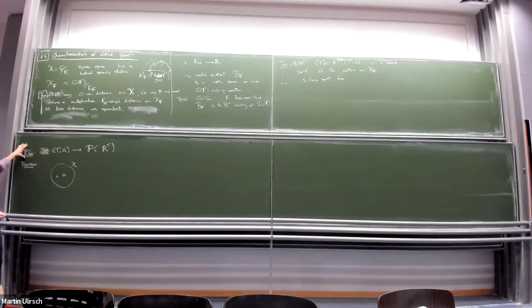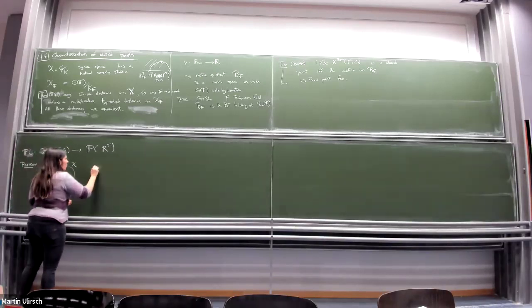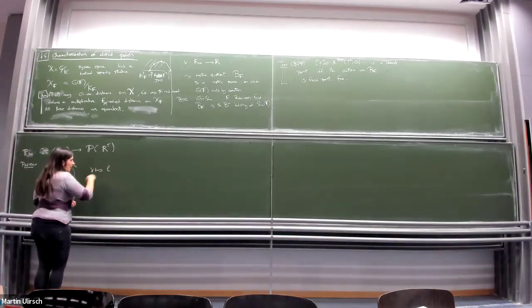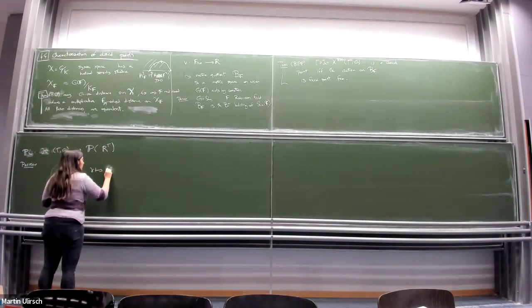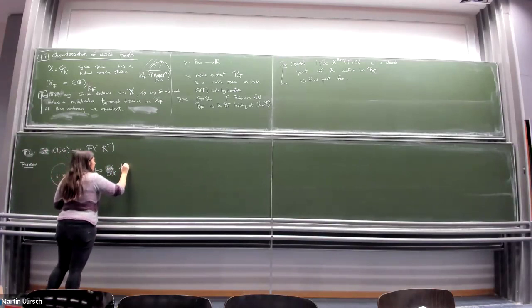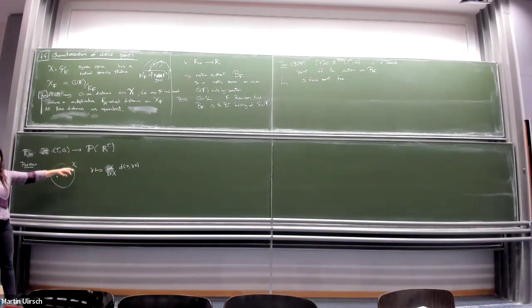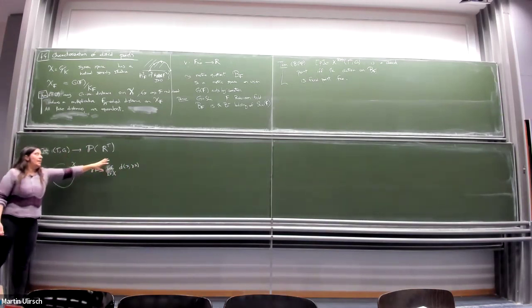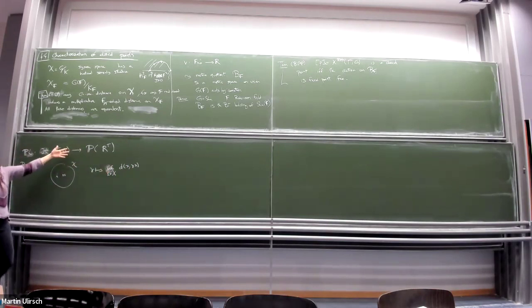And this map here associates to an element gamma the length, the infimum over x in the symmetric space of the distance from x to gamma x. So this is a translation length: I pick one metric on the symmetric space, and I look at this translation length.